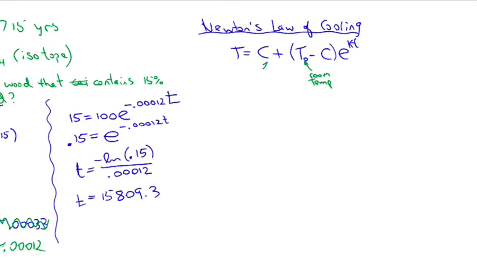C is the temperature of your object. And T and K, of course, are the constant and object room. And this takes away from it, eventually it goes to 0.